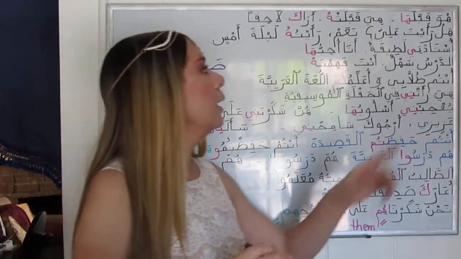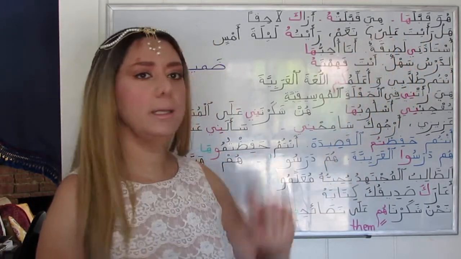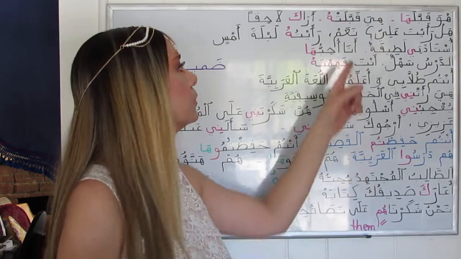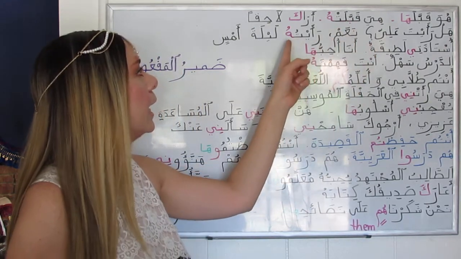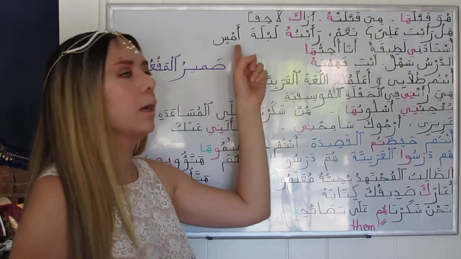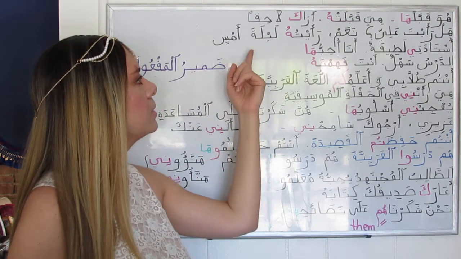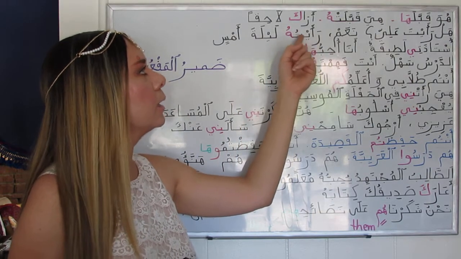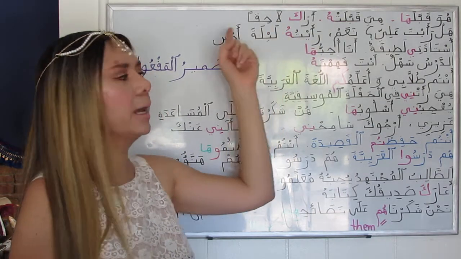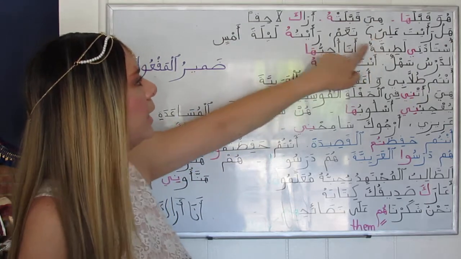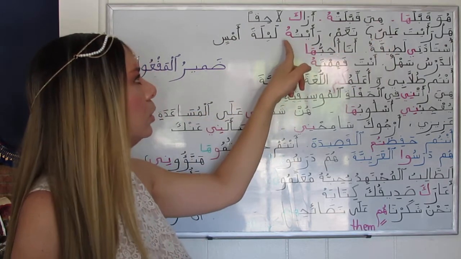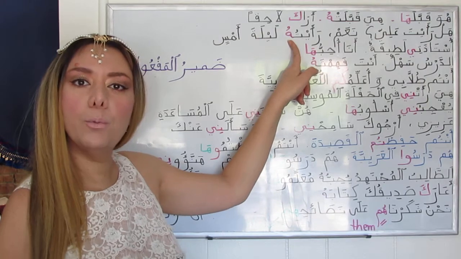So we normally use object pronouns after a verb. هل رأيت علي? Did you see Ali? نعم, yes. رأيته ليلة أمس. I saw him last night. So instead of saying رأيت علي ليلة أمس, we replace علي with the object pronoun hu.